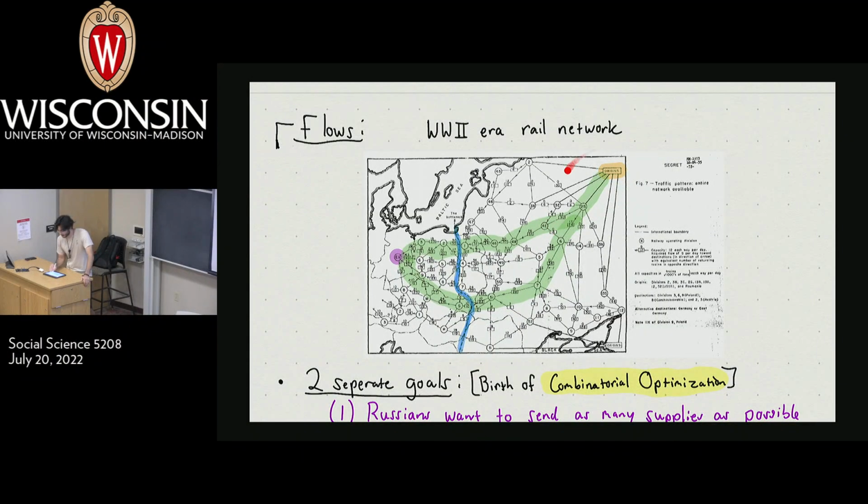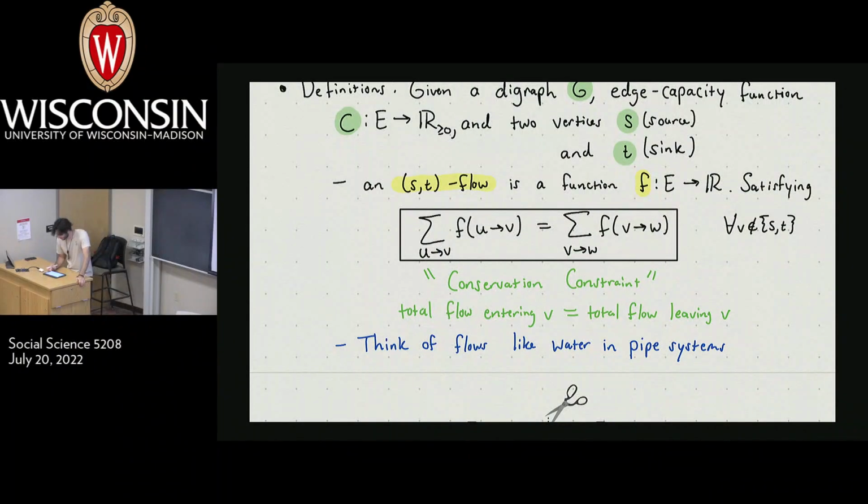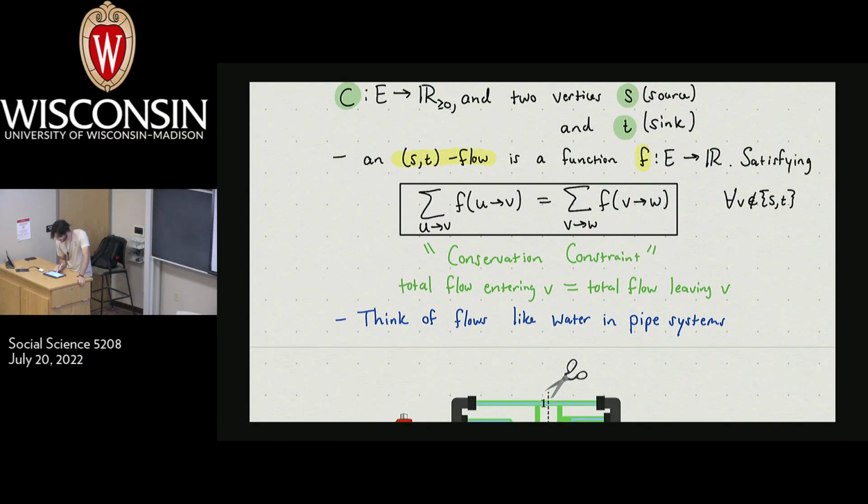All of the supplies have to have originated from the warehouse. It also says you're not losing supplies as you're transporting things down the rails, because that would obviously be a problem. So anything that enters V has to exit V. It can't disappear, and more can't just appear.